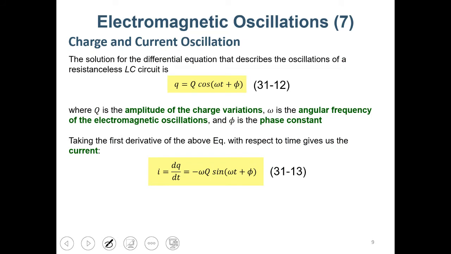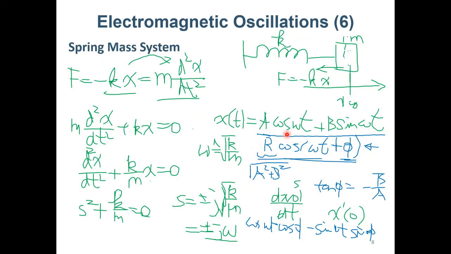So in this case, the textbooks tell you that the charge for the LC circuit is nothing but big Q, a constant, multiplied by a cosine function, something like this.